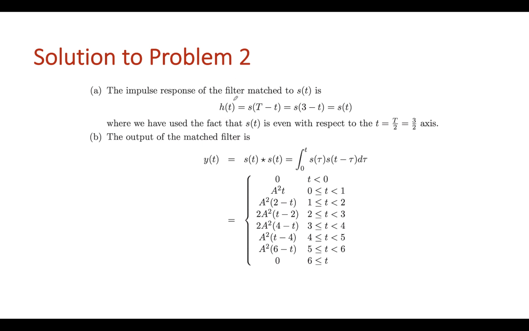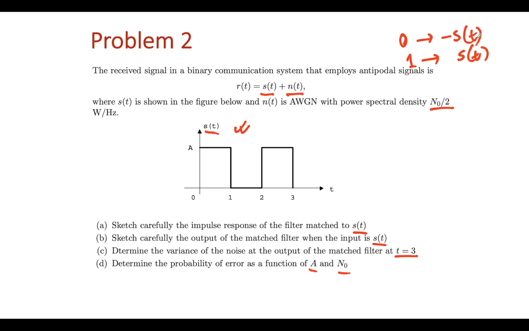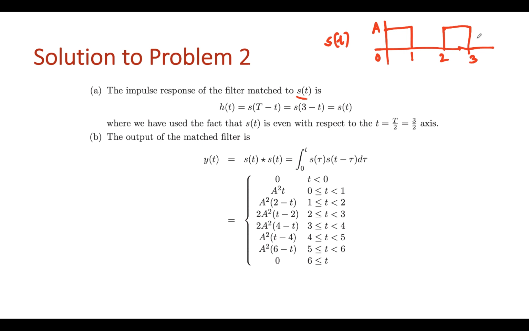The impulse response of the filter matched to st. st was looking like this, right? It had an amplitude A, and you have 0, 1, 2, 3, like this. Yeah, so this was your st.